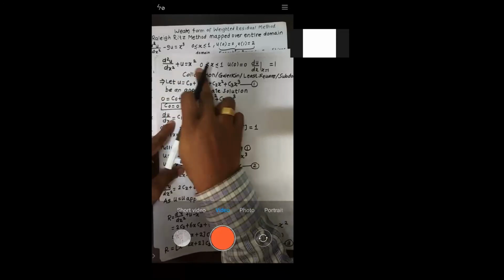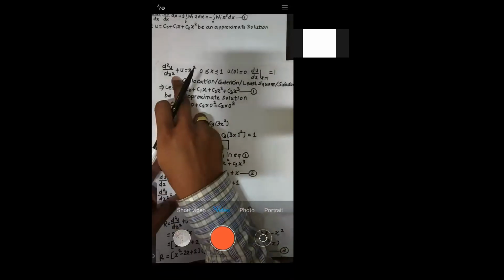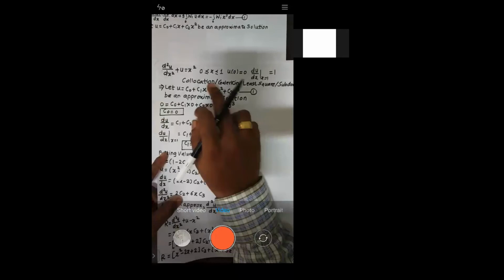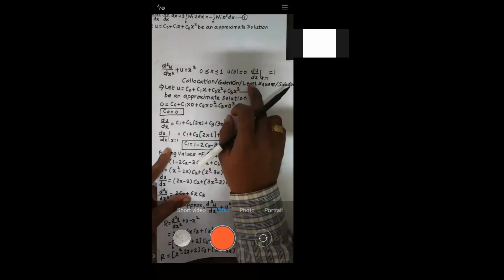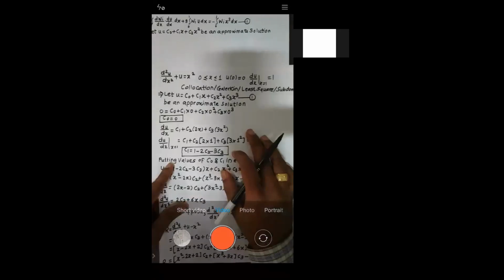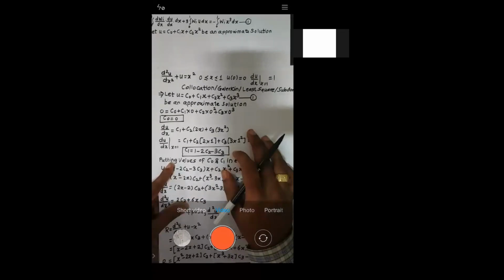Can you see the same equation here? This is the same equation which we have solved by using the collocation method. Which equation we have solved by collocation, Galerkin, least square and subdomain. Is it okay? Yes, sir. So by just looking at this equation, we have written the approximate solution.